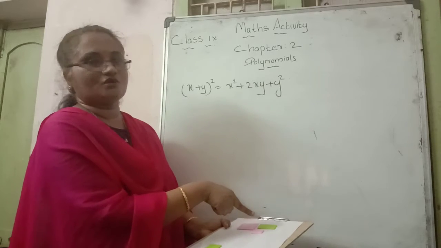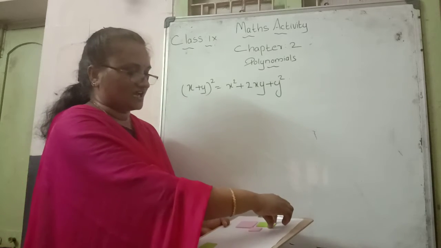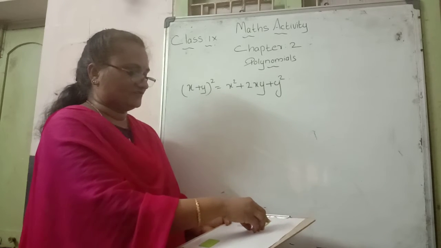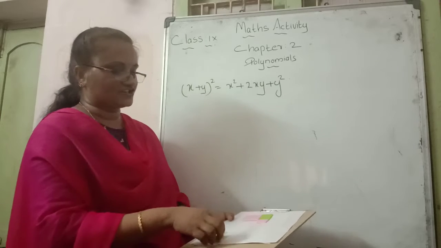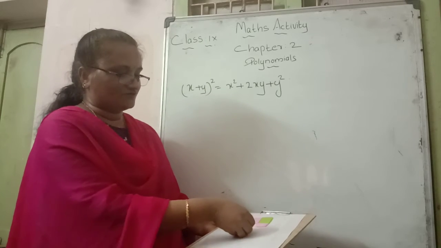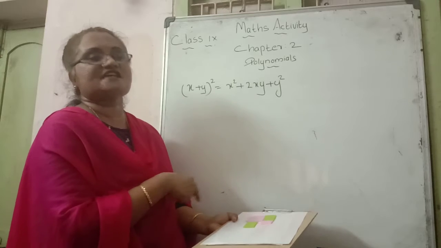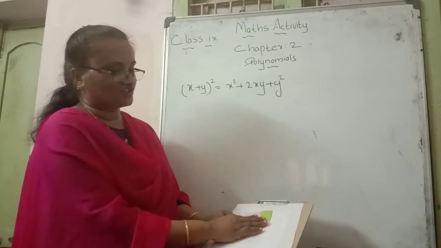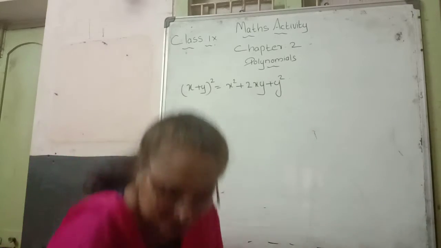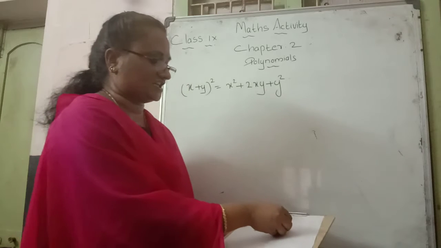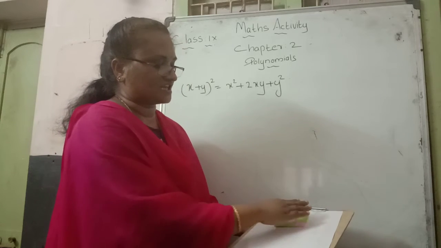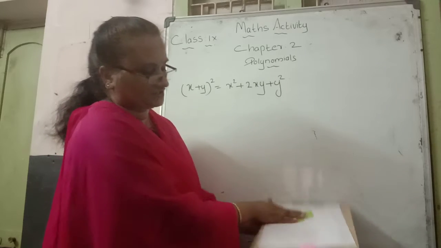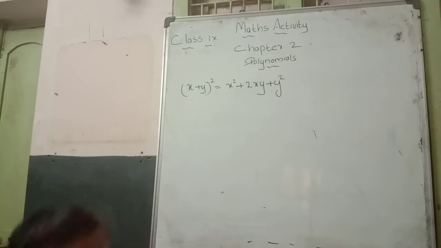That's why keep one rectangle vertically. One more rectangle is there, and if that one is also kept vertically, again there is a gap. That's why keep the second rectangle horizontally. First rectangle vertically, and the second rectangle horizontally. In this way we perform it.